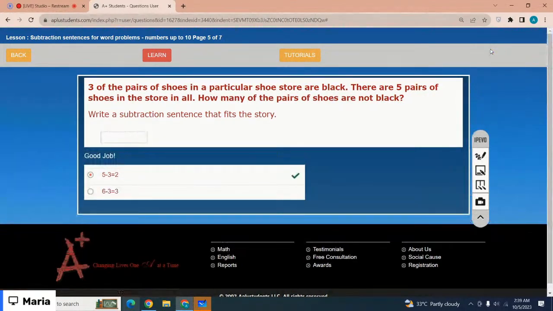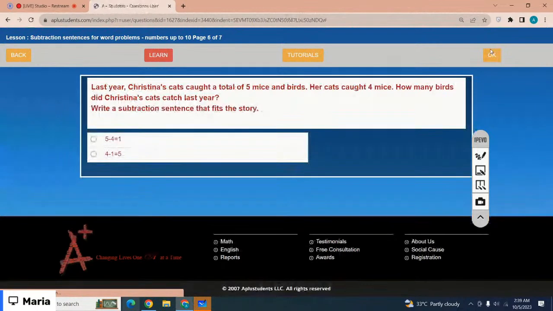Okay, the next one is: last year Christina's cat caught a total of 5 mice and birds. Her cat caught 4 mice. How many birds did Christina's cat catch last year? Write a subtraction sentence that fits the story. So, which is the correct option?